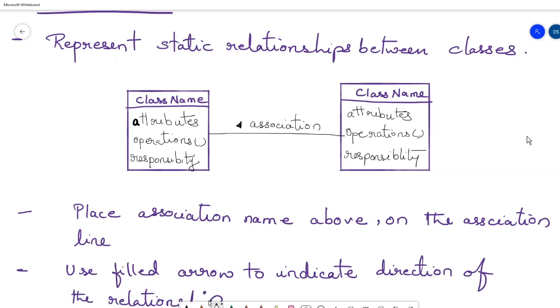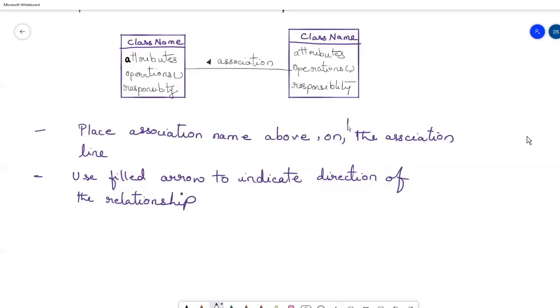Okay, now let's take an example. It will make it clear. As I said, it is written above or on the line. I'll add one more thing: it can be written below also, because if you see diagrams where it is written below, you'll be confused.